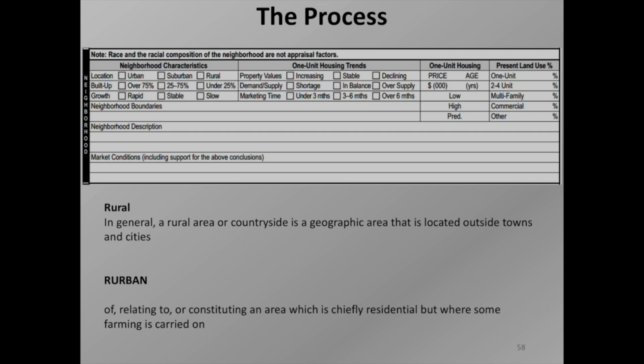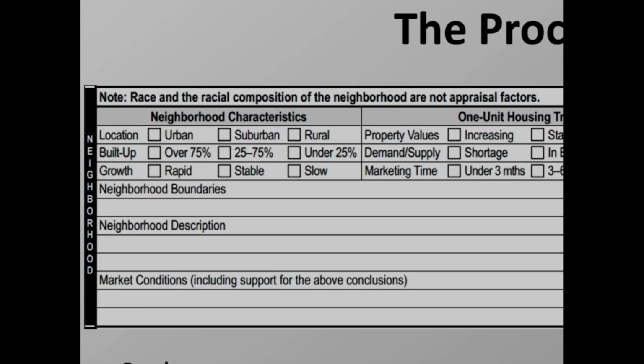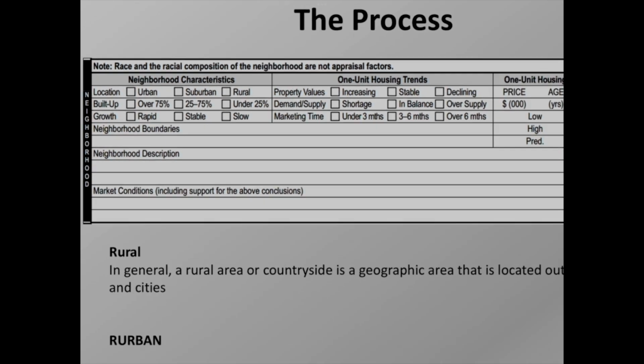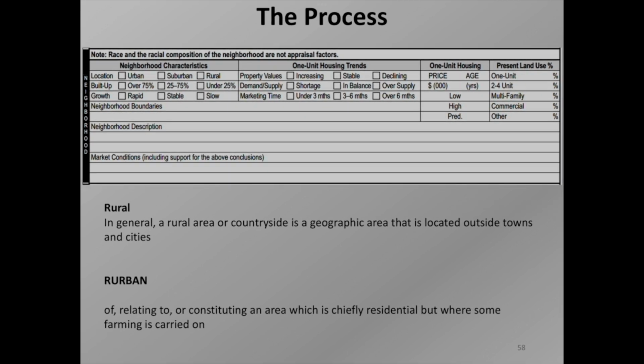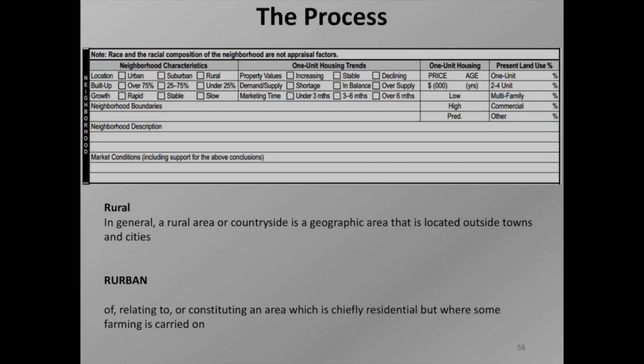The first one's subject, excuse me. The second box is neighborhood, and in capital bold letters in the top left-hand side, it says neighborhood. Capital bold letters, neighborhood. If you're watching, you see that. I just zoomed in a little bit. And your checkbox options are urban, suburban, and rural, right?